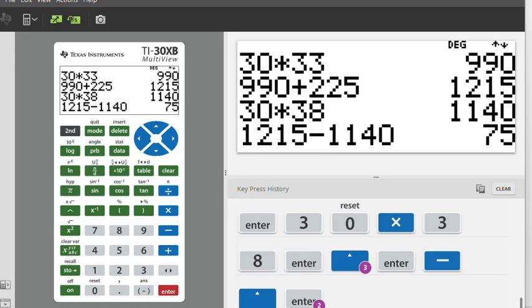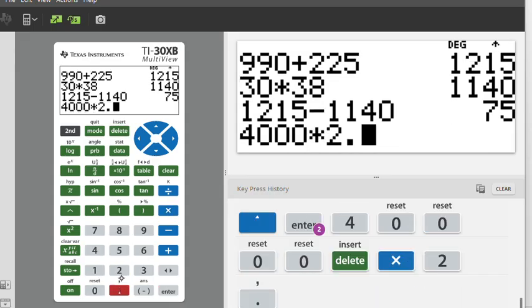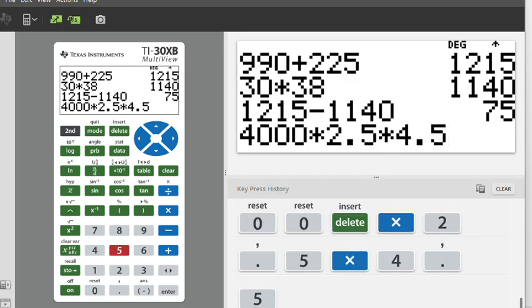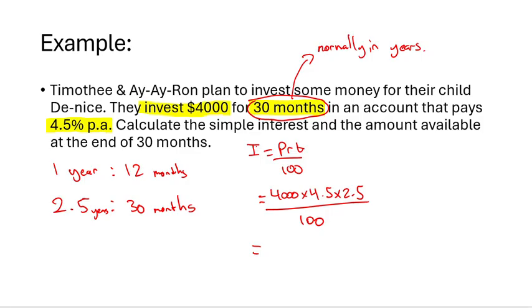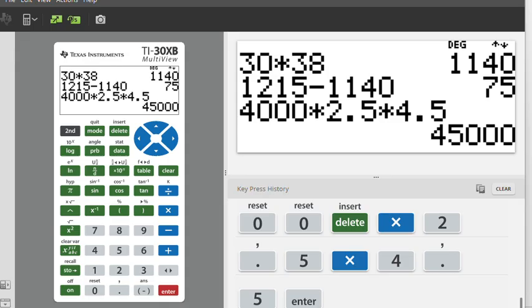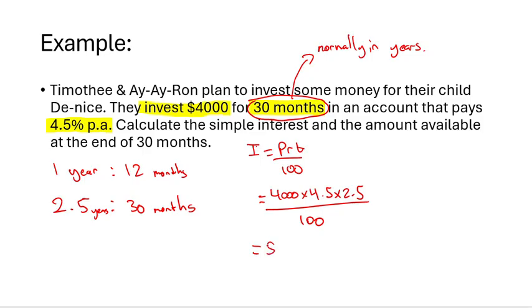And if you just type this in your calculator, 4,000 times 2.5 times 4.5... oh no, I have to divide by 100. There we go. Divide by 100, $450.